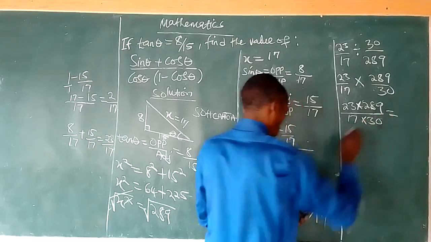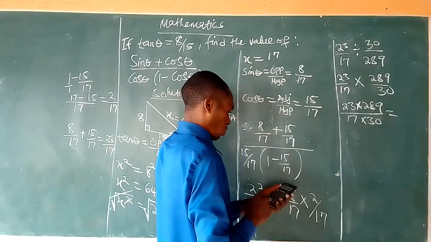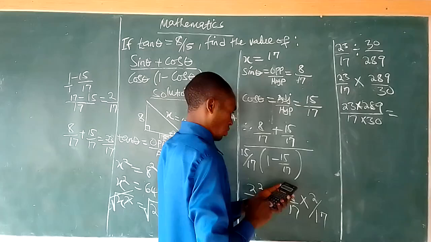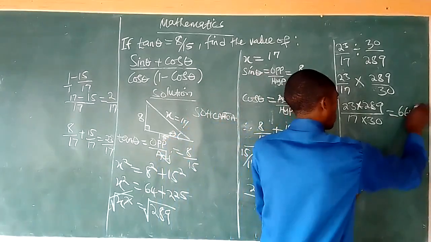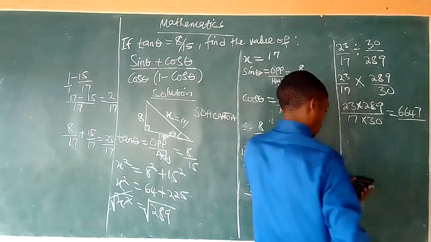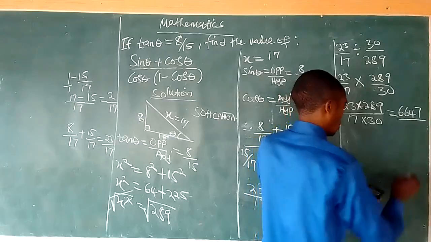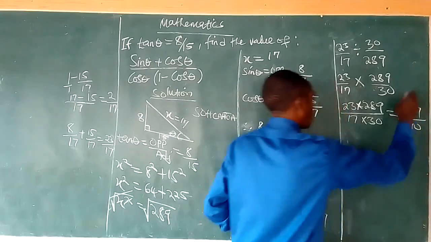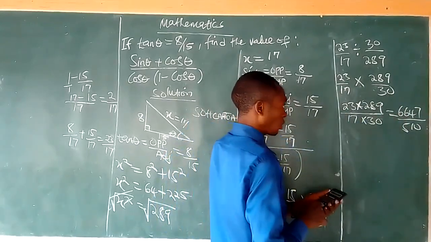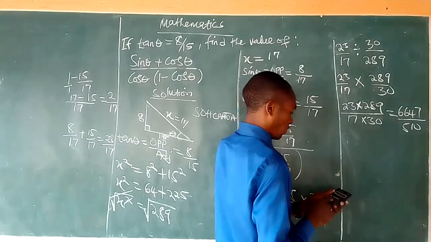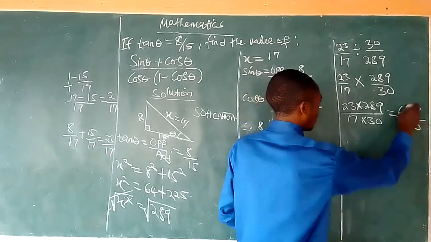23 times 289 gives us 6647 over 17 times 30, which is 510. Now look for a number that can divide both. 17 can divide these two numbers. 6647 divided by 17 gives 391, and 510 divided by 17 gives 30.